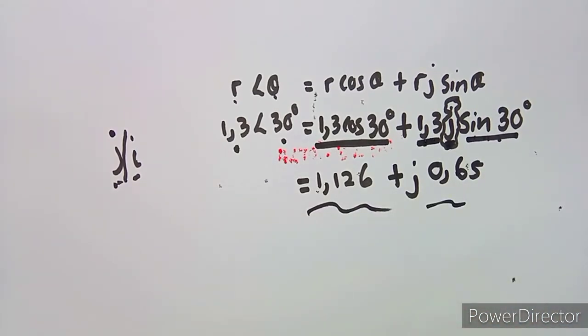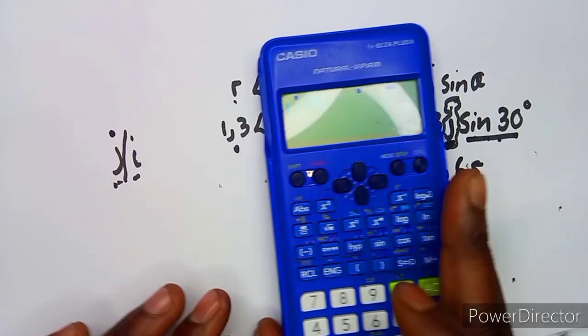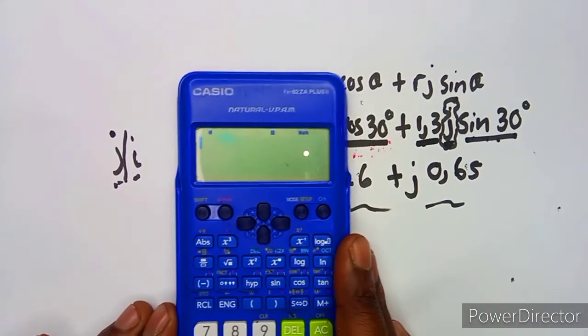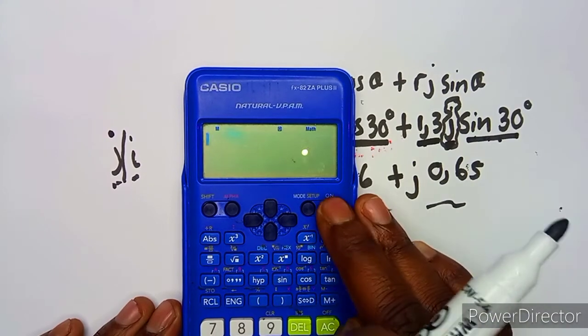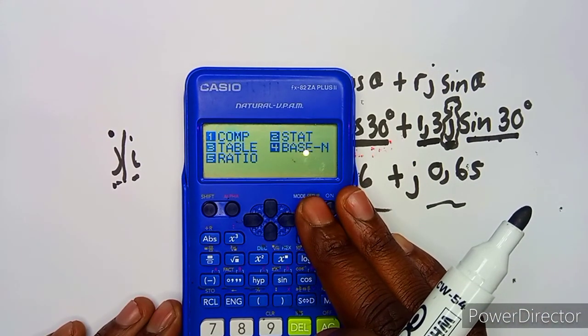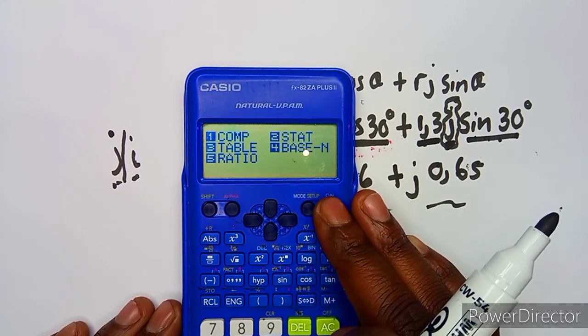Or if you wanted, you can actually prove this on your calculator. I don't know if it is going to be clear. Okay, let's see, there's too much light. Anyways, this is what you're going to do. You just have to change your mode.